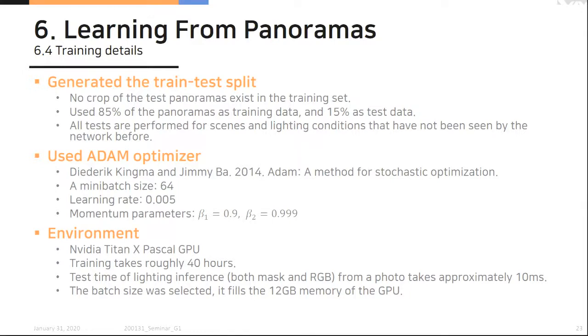Second, they used the Adam optimizer. Lastly, they trained their network on an NVIDIA Titan X Pascal GPU, and it takes roughly 40 hours to train. Test time lighting inference, both mask and RGB from a photo, takes approximately 10 milliseconds. The batch size was selected to fill the 12 gigabyte memory of the GPU.